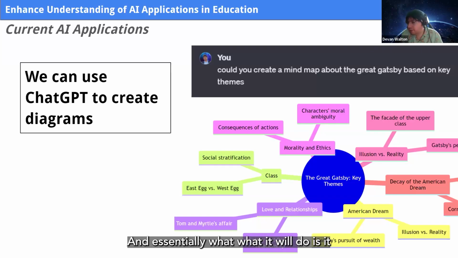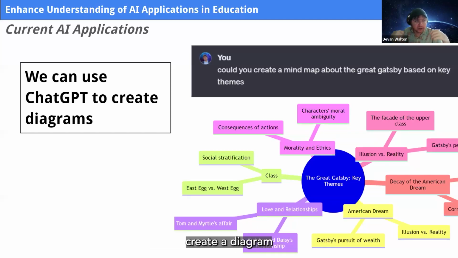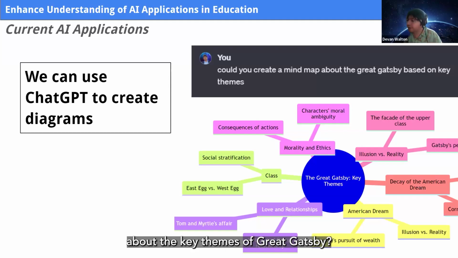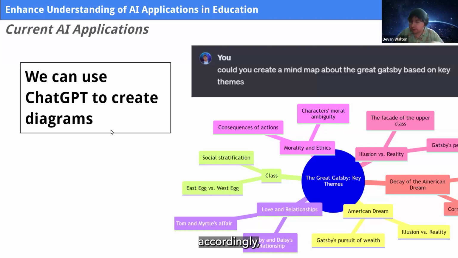Essentially, it will use a Python environment to render visual content, things like waterfall diagrams and mind map diagrams. So you would be able to give it a spatial visual task, like can you create a diagram about the key themes of Great Gatsby, and it would be able to do that. It would be able to orient this visual content accordingly, which could have a lot of implications for the classroom.